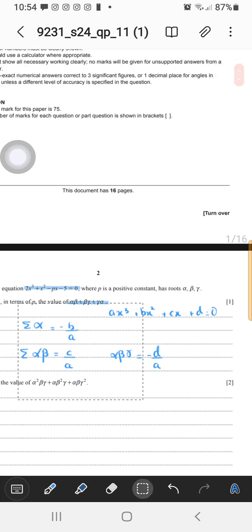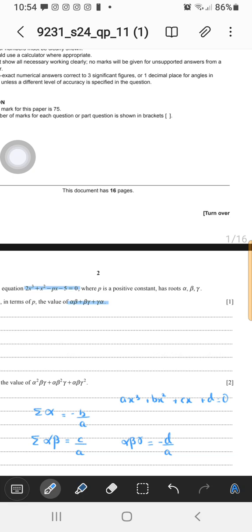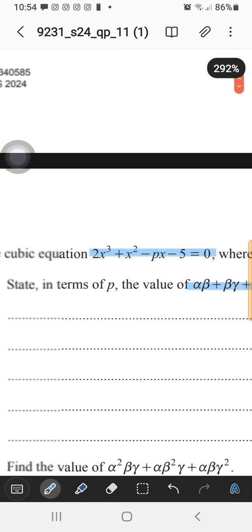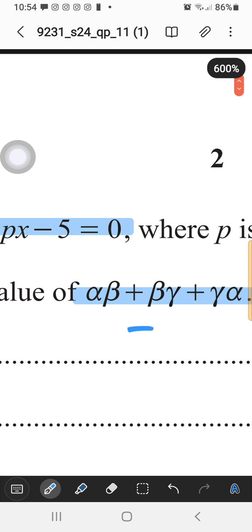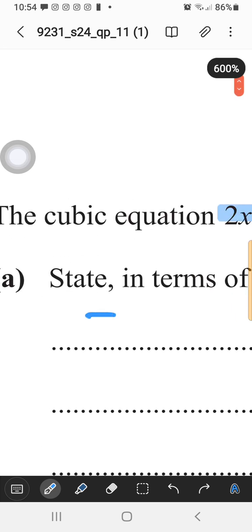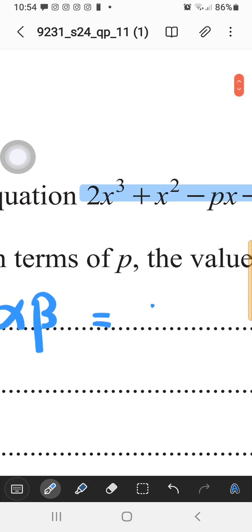Okay, so let's take this data from here. We will use these formulas. We have to find out sum of alpha beta. What was the formula for sum of alpha beta? The formula for sum of alpha beta equal to c upon a.